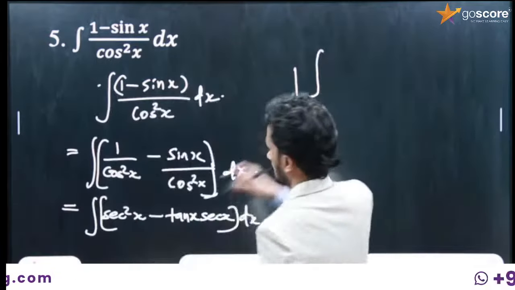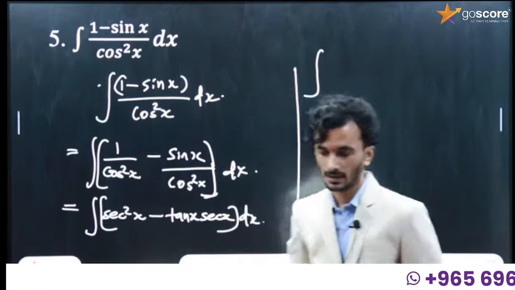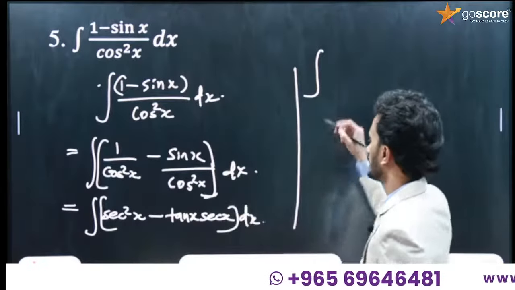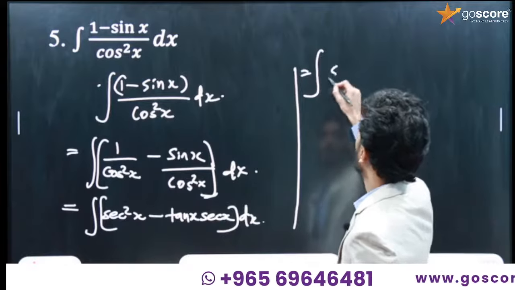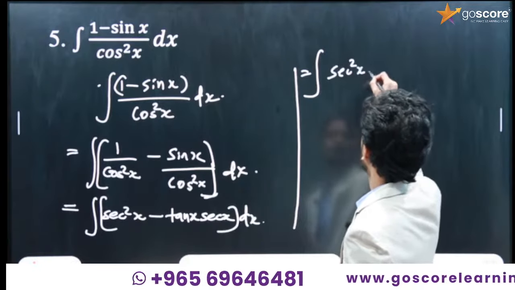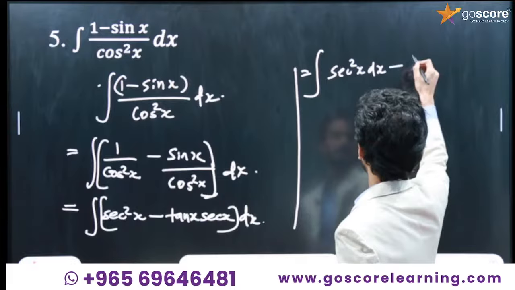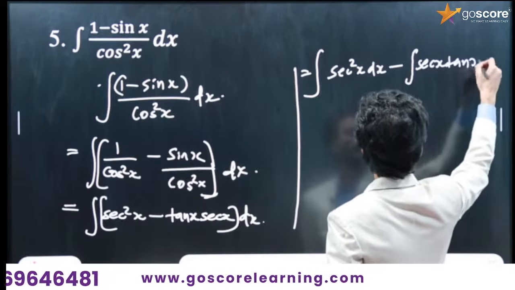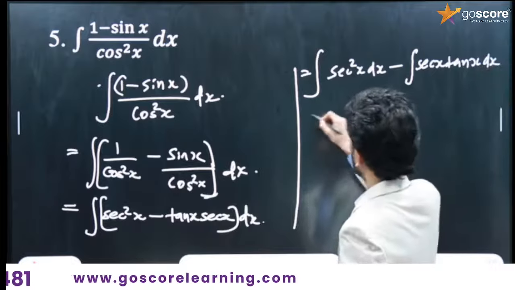So integration, again sec square x is f of x and this one is g of x. So it is equal to the integration of sec square x dx minus the integral of sec x into tan x dx.